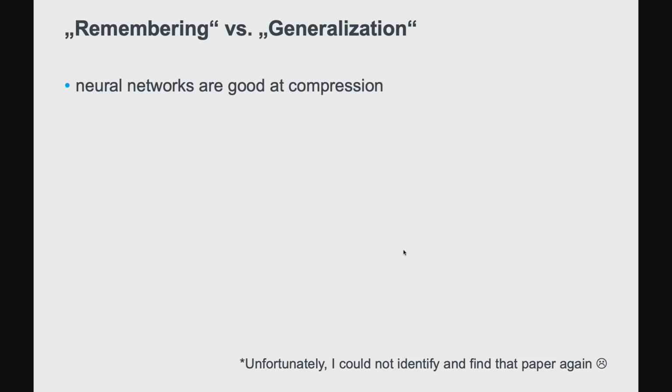The paper had a very simple idea: let's just confuse the labels randomly. So you randomly assign these labels to these images, and you learn again. What happened? The network learned these labels from the training data very well.